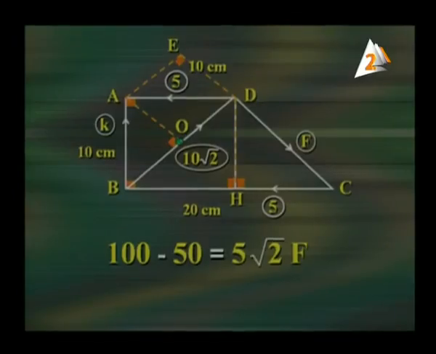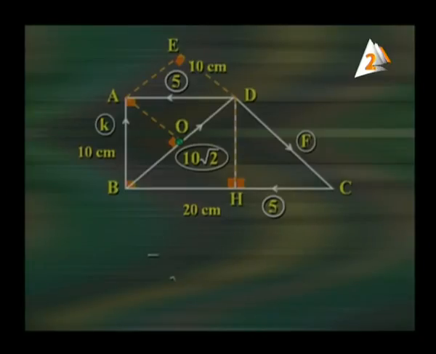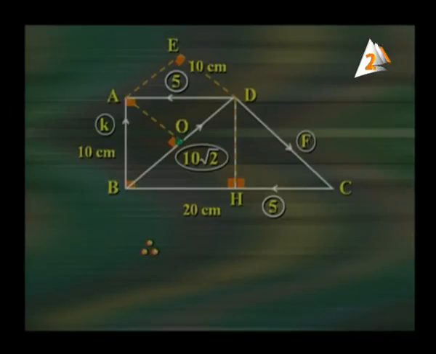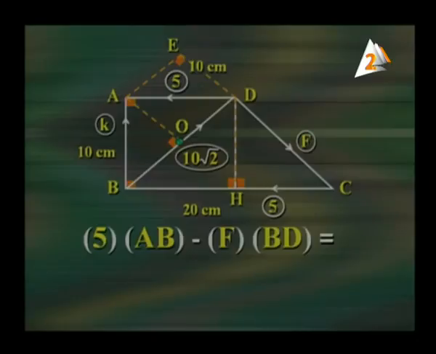Now, as the second requirement, since MB equals MD, we say 5 times AB minus F times BD equals minus K times AD minus 5 times DH.